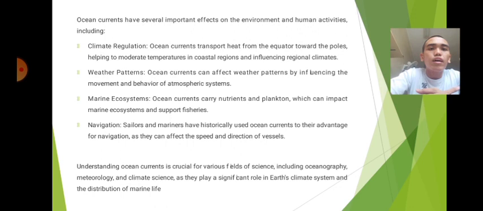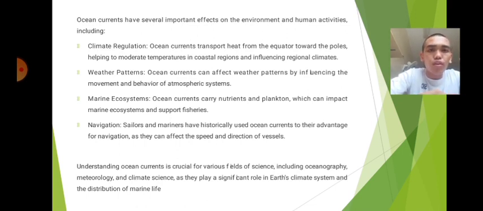Ocean currents have several important effects on the environment and human activities. First is climate regulation. As I said earlier, it plays a crucial role in regulating the climate of our Earth. Ocean currents transport heat from the equator towards the poles, helping to moderate temperatures in coastal regions and influencing regional climates.